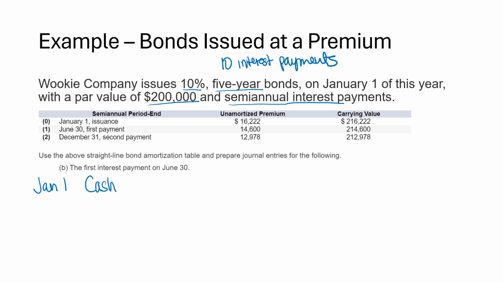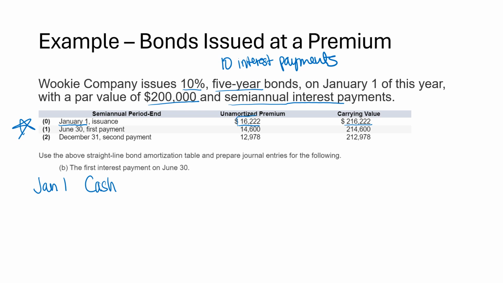To figure out the amount received here, this is when we look at the table. Remember January 1st, the issuance date, this shows us the amount of unamortized premium on day 1 and the carrying value on day 1.